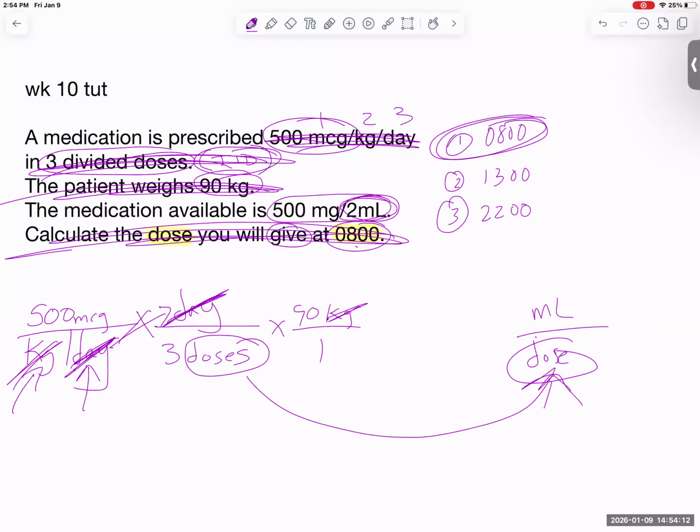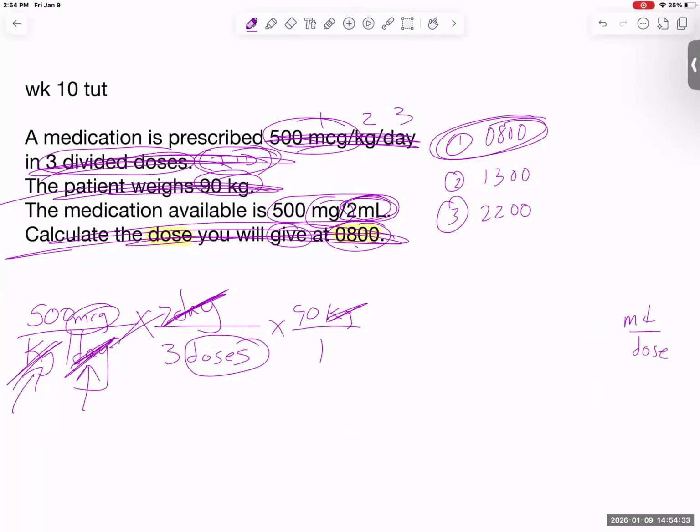The only thing left is the concentration that's available to me. I'm solving for milliliters, and this is in micrograms, and this is in milligrams. This is where you have to pay attention. If this is milligrams, how do I get rid of my micrograms? I need my conversion, right?